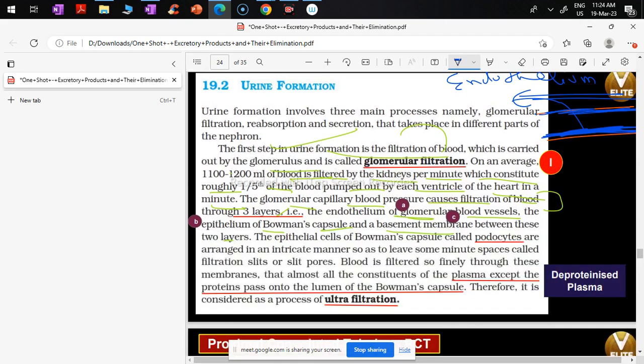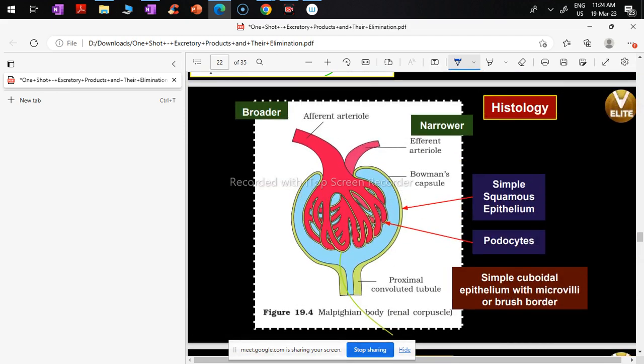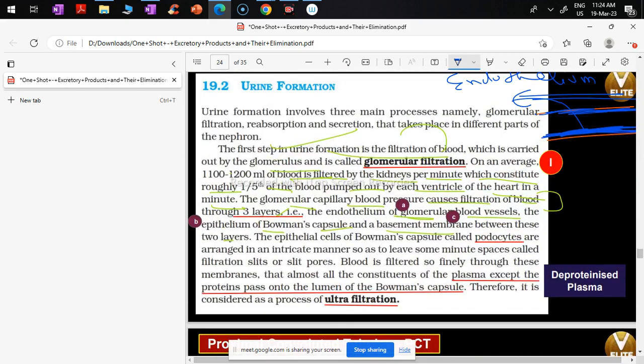So the basement membrane is present between these two layers. The epithelial cells of Bowman's capsule, called podocytes, that you labeled just now, are arranged in an interdigitating manner so as to leave some minute spaces called filtration slits or slit pores.